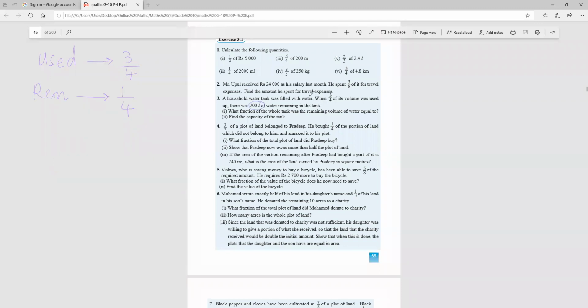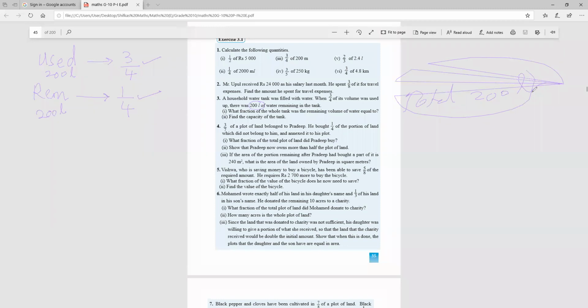Now, which is 200 liter? Is the used 200 liter, or the remaining 200 liter, or is the total capacity 200 liter?